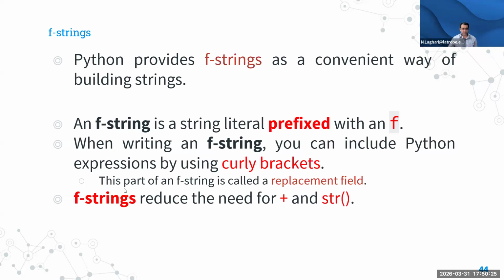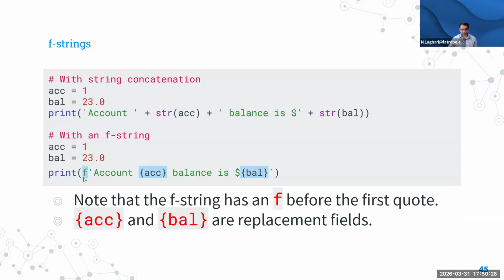So we use F just before the string to construct that string. Now within that, we can have these curly brackets, and we can introduce our variables or expressions, and they'll be replaced with their actual values.